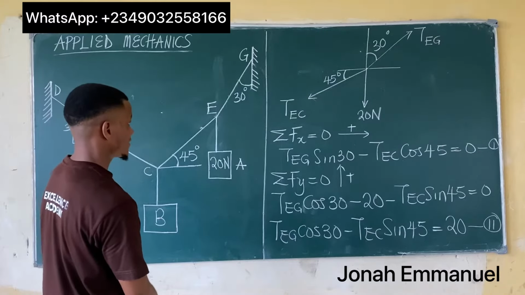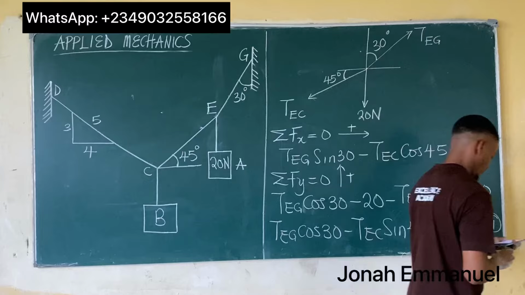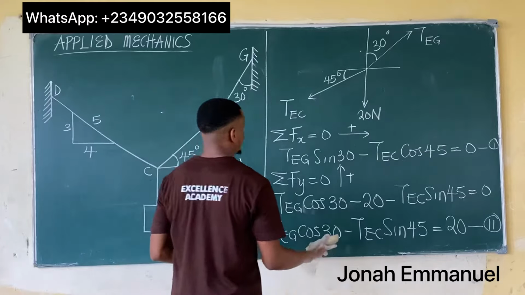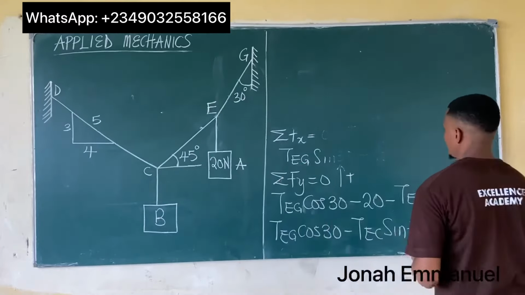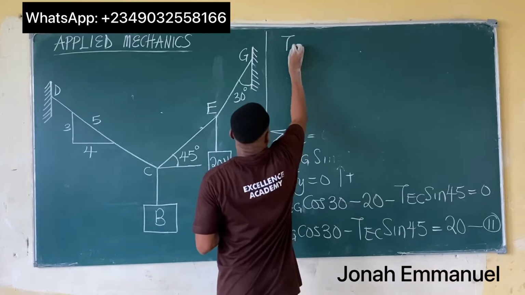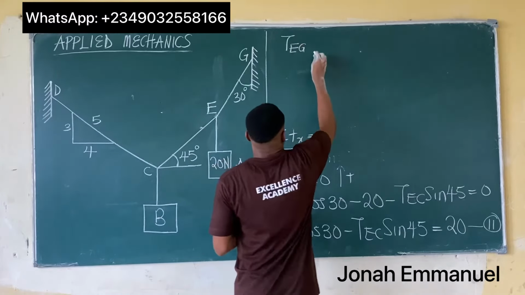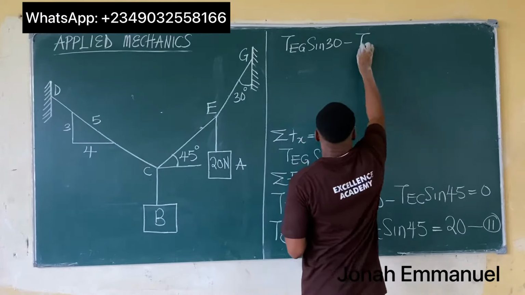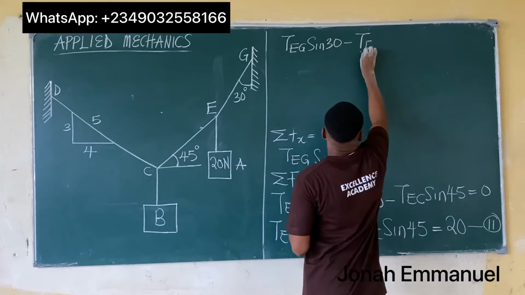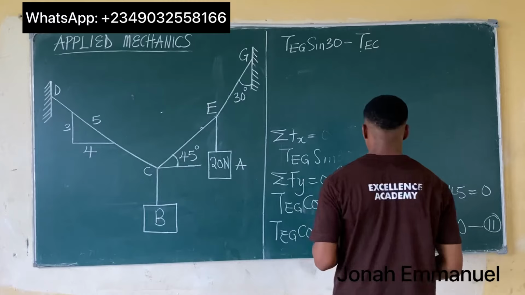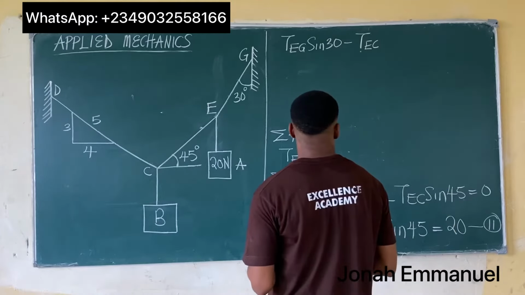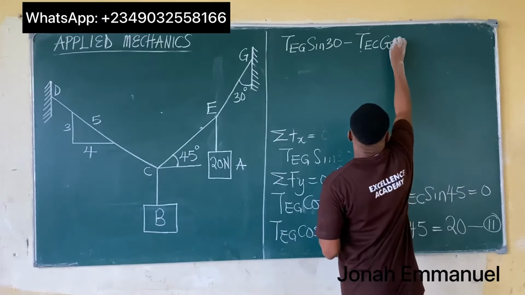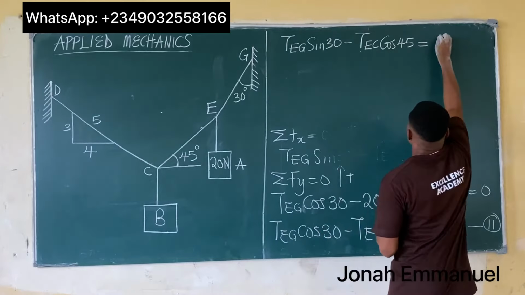So we can get this. Let's see what we get. TEG sine 30 minus TEC cos 45 equal to 0.